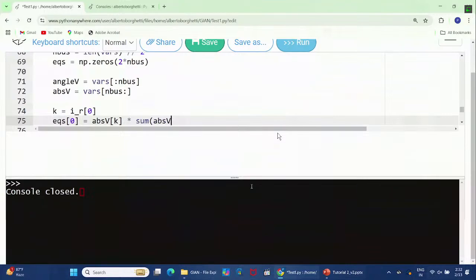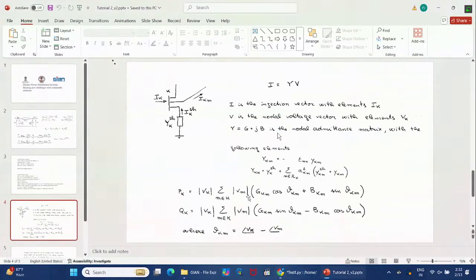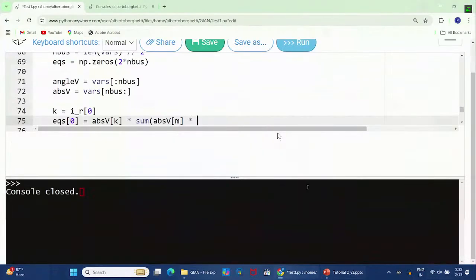V, with index M, multiplied by the cosine. And we also need to multiply it by the G, so the real part.